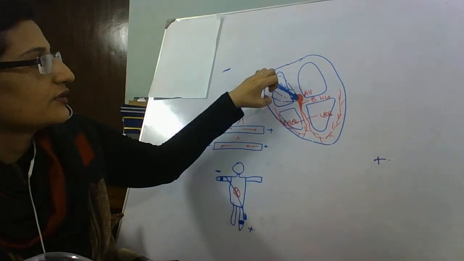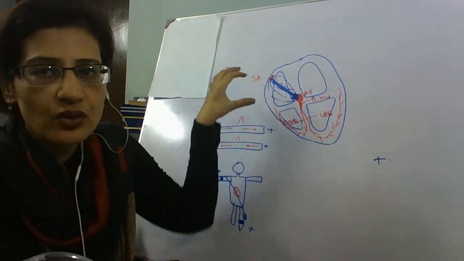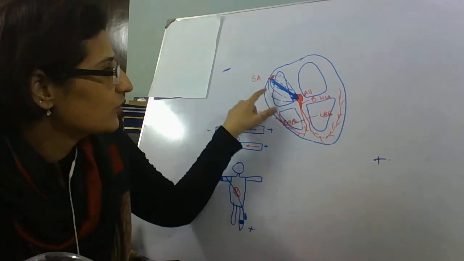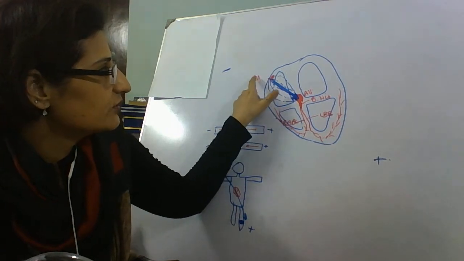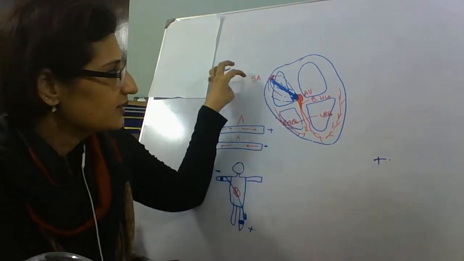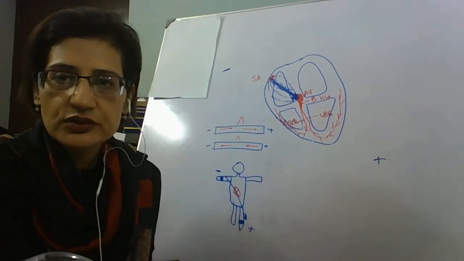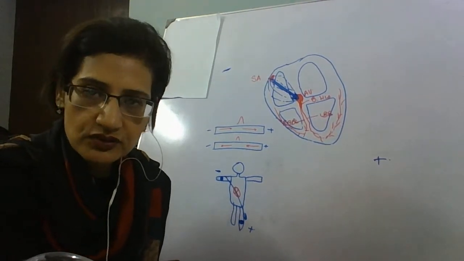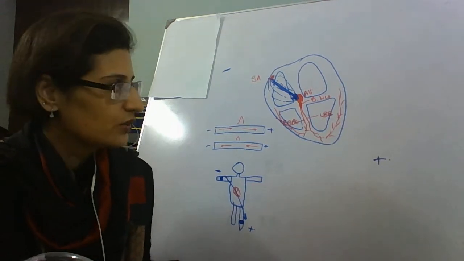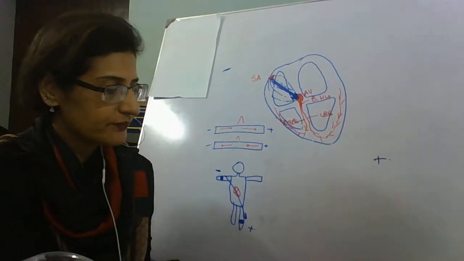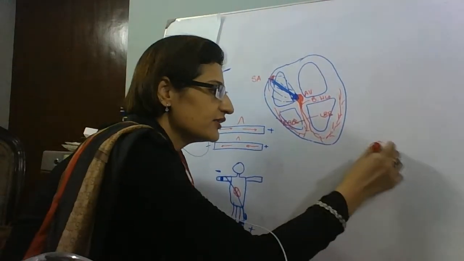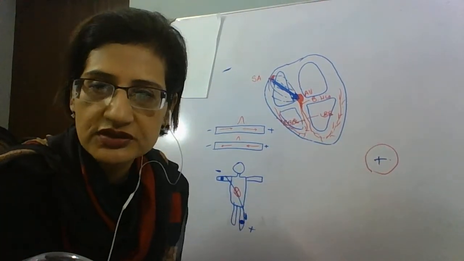Because of a mean of all the various vectors, the small impulses which are conducting from the SA to the AV node, the mean is the big vector which is going from the SA to the AV node, right? Now, I told you last time, we always look at life from the brighter aspect, from the positive aspect.